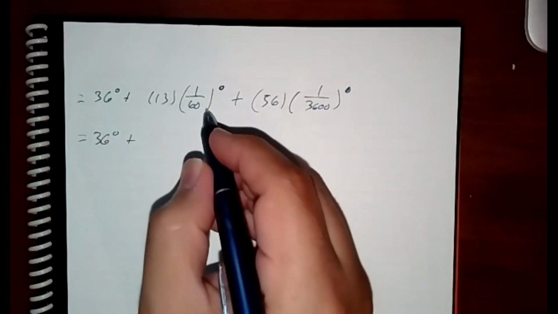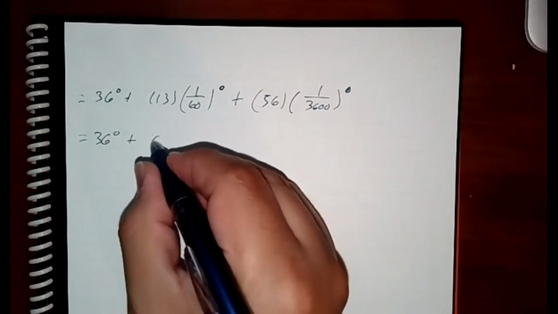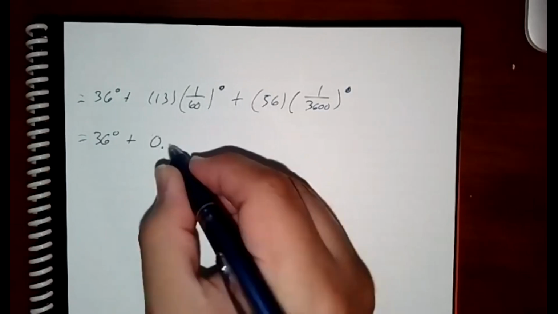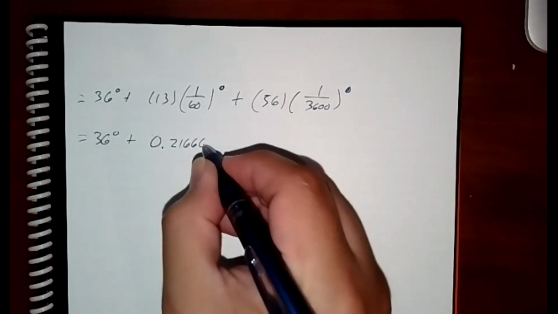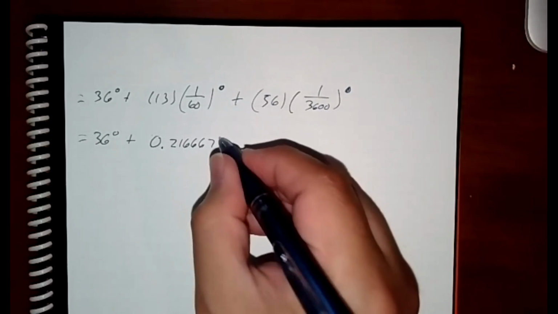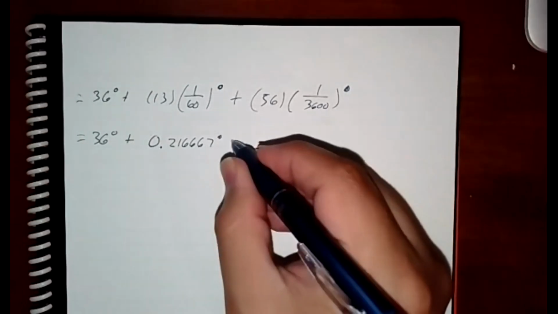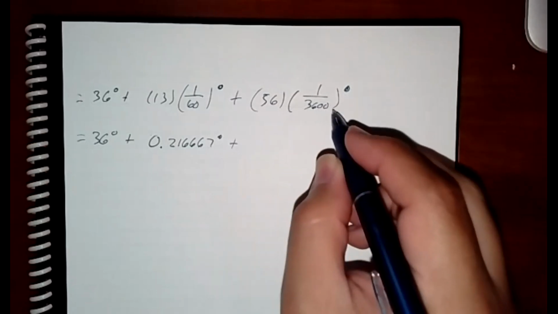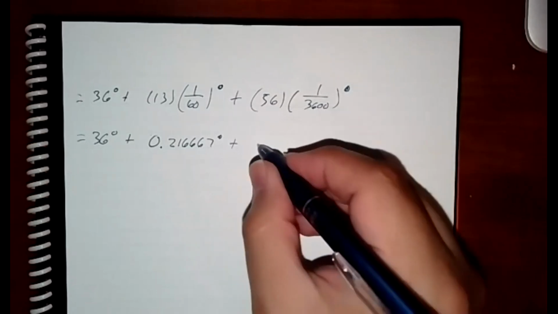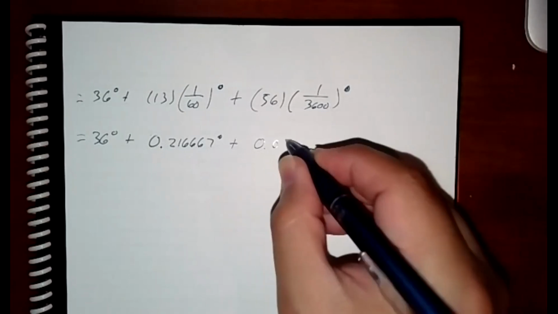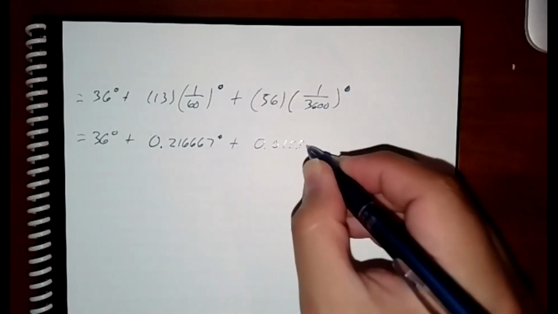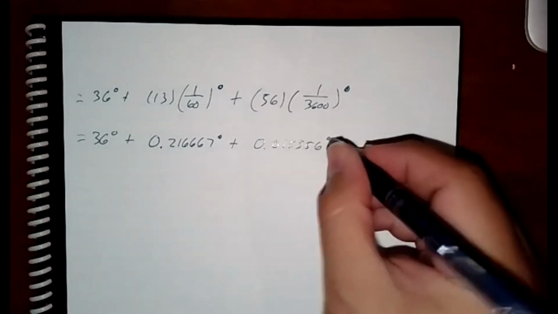So 13 times 1/60 on your calculator, that will be 0.216667, or something like that. 56 times 1/3600, that's 0.015556 degrees.